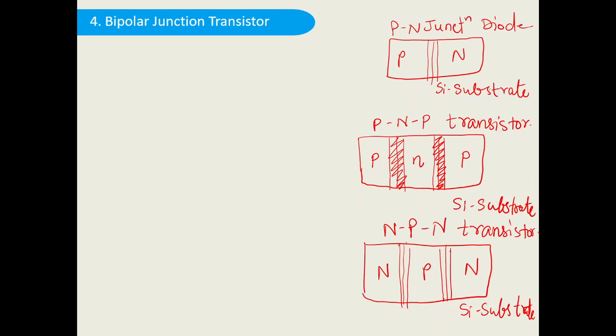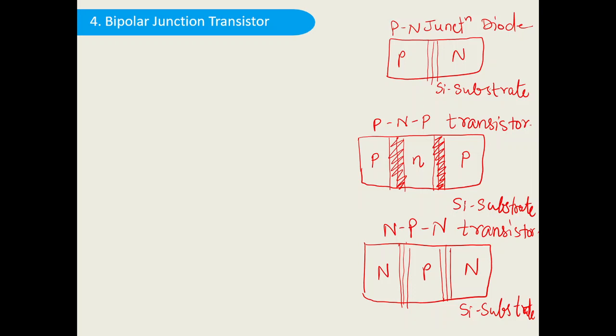Actually, 90% of transistors are used as a switch, for switching purposes, on and off, because the power dissipation is more when the transistor works as an amplifier. So that's why the transistor as an amplifier is less used in industries. The transistor is more used as a switch.